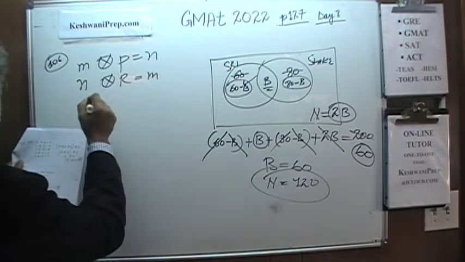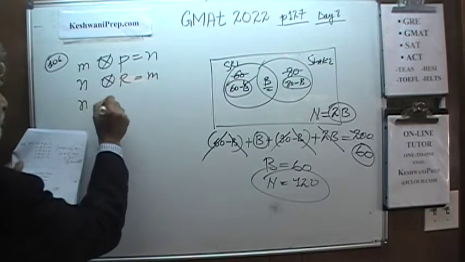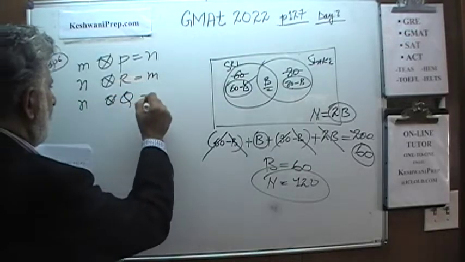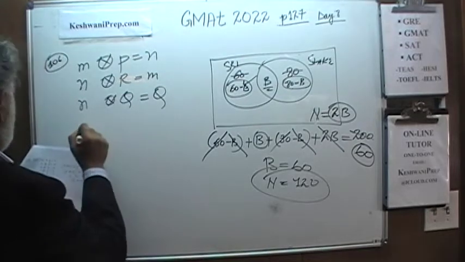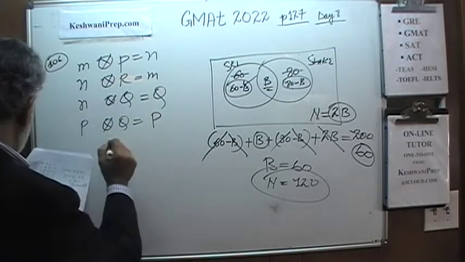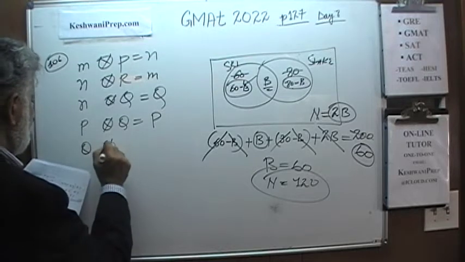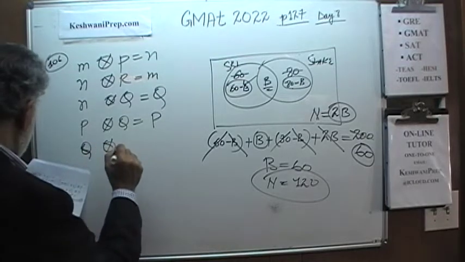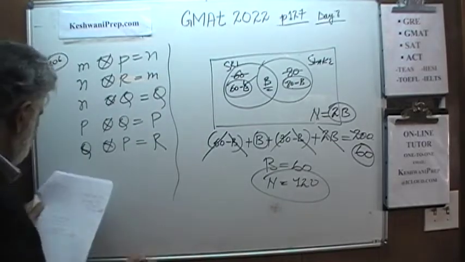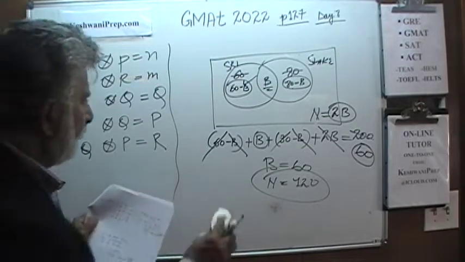I have to make sure that I don't make a mistake in writing it, because otherwise it will be a problem. n operation q is simply q. p operation q is equal to p, and q operation p equals r. This is what we are told, and here's what we are being asked.